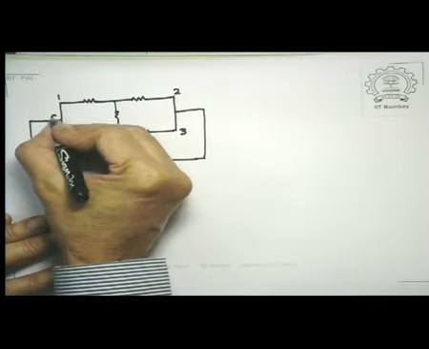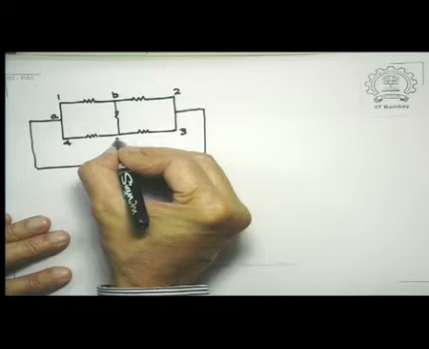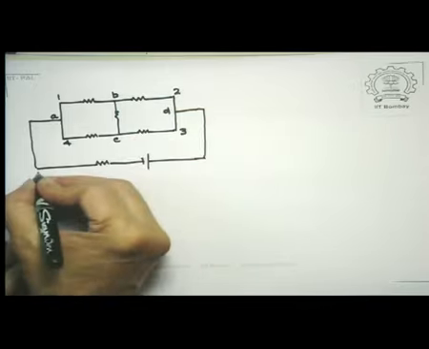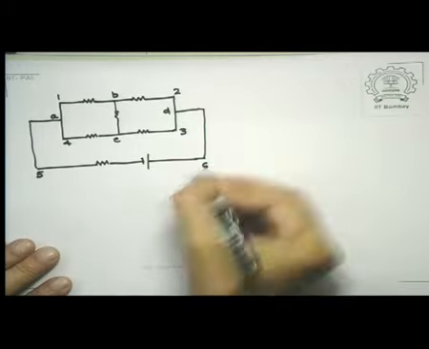I had A here, B there, C there, D there, and let's call these numbers 5, 6.